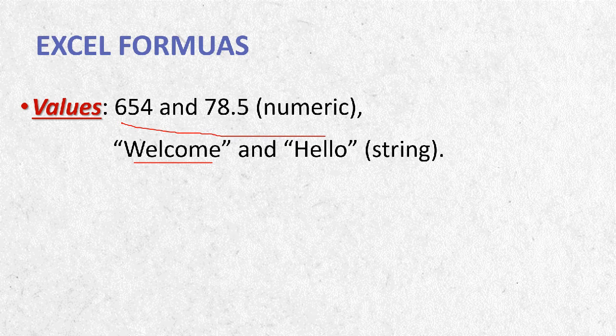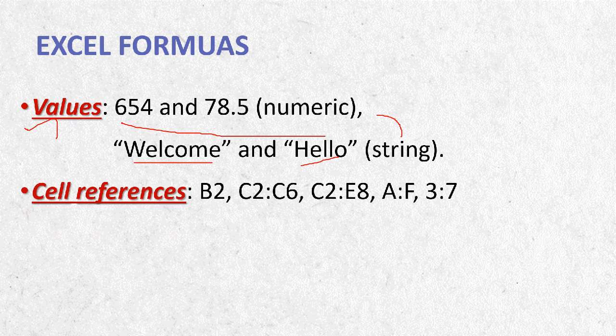Welcome, hello, these are strings. Both numeric and string denote values. Next is cell references. Cell B2, cell C2, C3:C6, C2:E8, A:37, these are cell references. Let's see all these types in detail in the next slide.